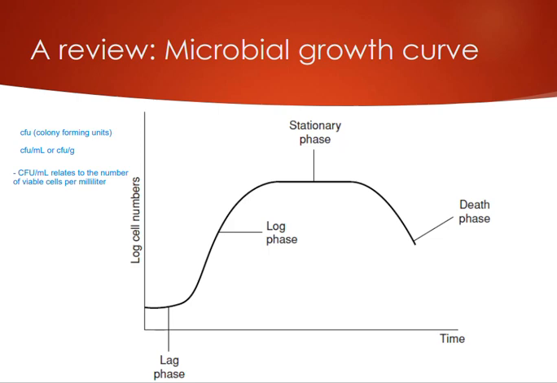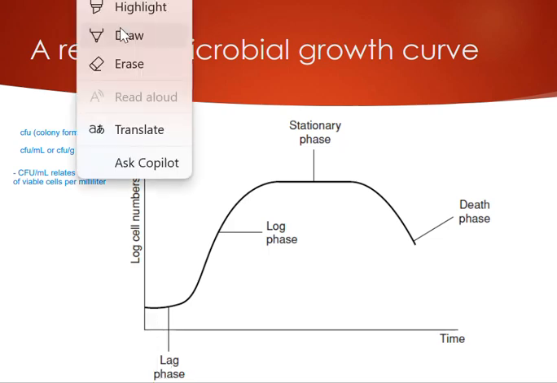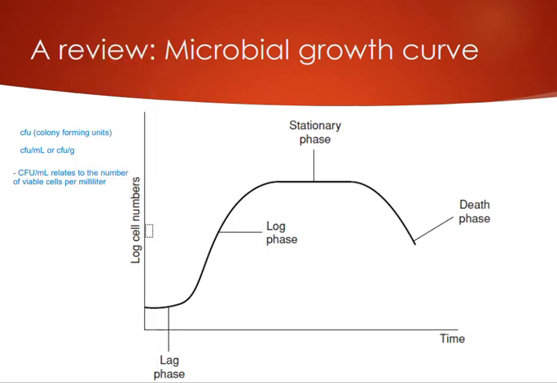So now let's discuss the different phases of your microbial growth curve. The first phase of the microbial growth curve we have here is the lag phase. The lag phase is the initial phase of your microbial growth, which is characterized by cellular activity, but there is no growth yet.